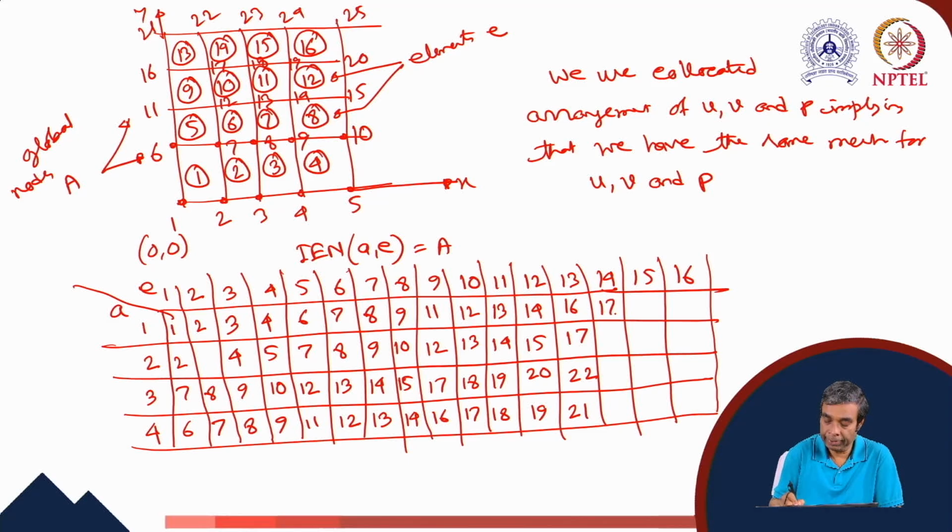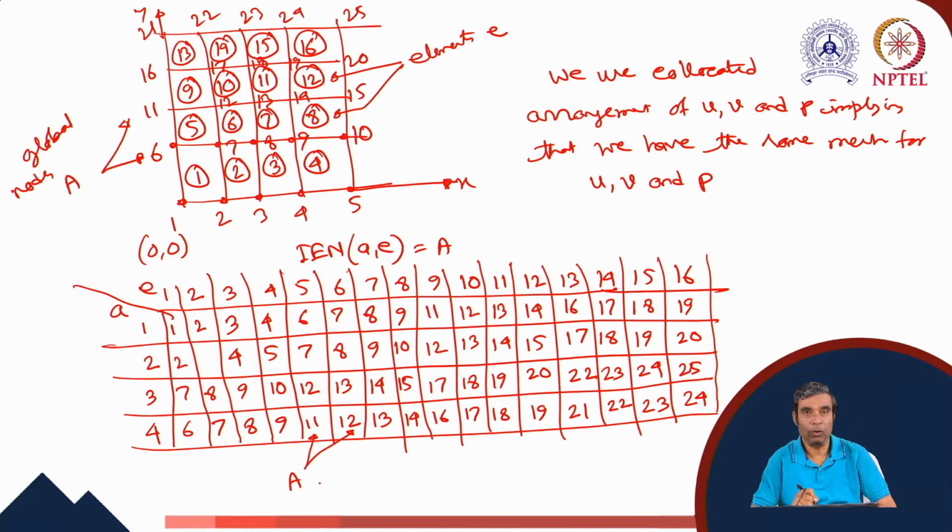Then it is 17, 18, 23, 22. Then it is 18, 19, 24, 23, and finally 19, 20, 25, and 24. So here the terms in the boxes are the capital A terms or the global node numbers. So the IEN array is required for the mesh generation.